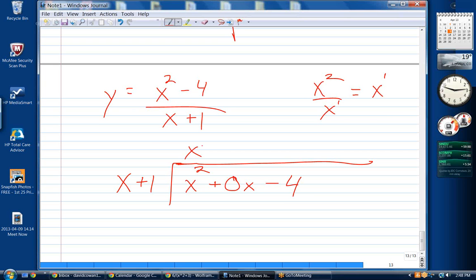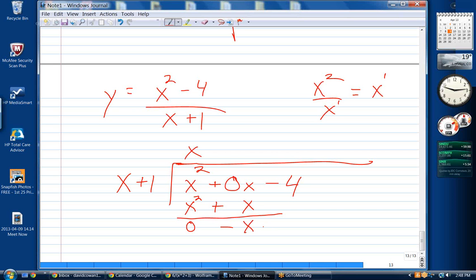Now you multiply this by both terms. Well, we knew that was going to be x squared. We just divided it into it. Plus x. Now you do just like long division. We subtract. Well, this is 0 here. And then we have 0 minus x gives us a minus x.